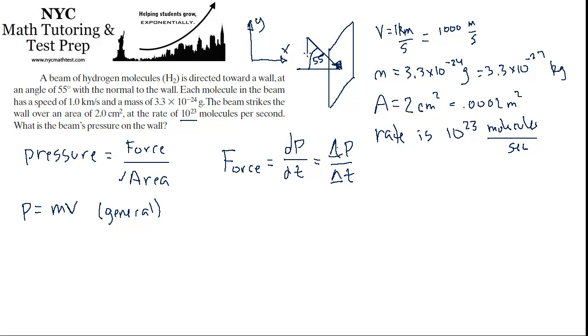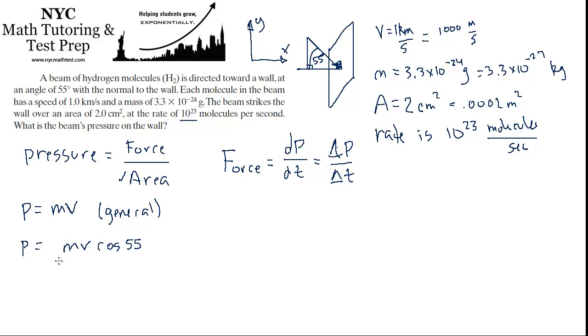If this is a right angle and the hypotenuse has a velocity of 1,000 meters per second, we really just want the x component of that. So the velocity that's perpendicular to the wall is 1,000 cosine 55. So we have to include that in our momentum formula. So our momentum is mv cos 55.